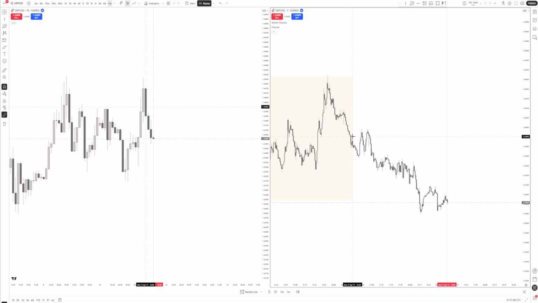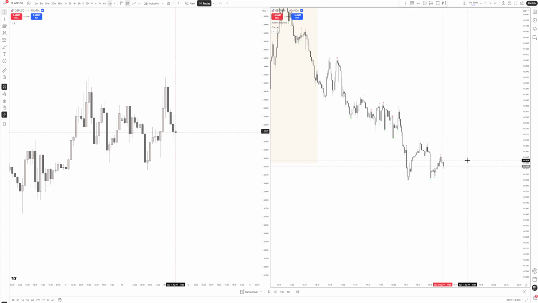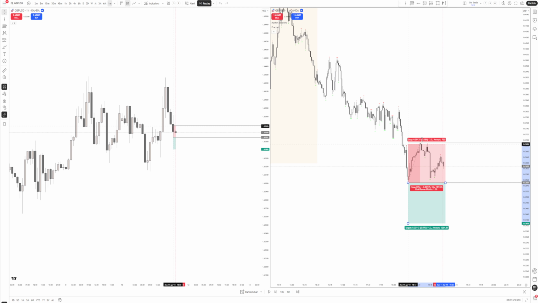Okay, so a new hourly candle printed. Did that low get violated any time? Not yet. So we need to wait for that low to be violated, and that would signal a continuation to me.